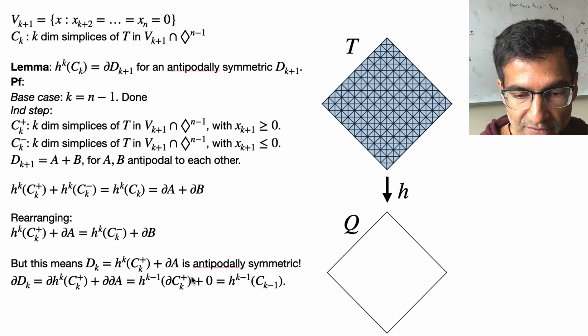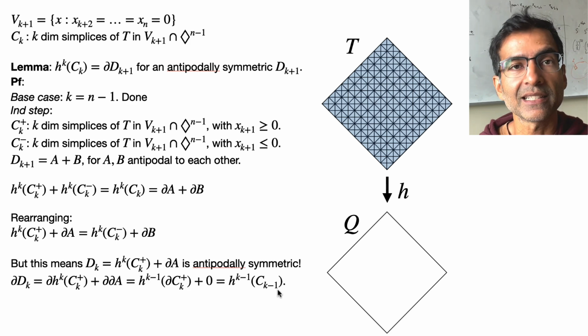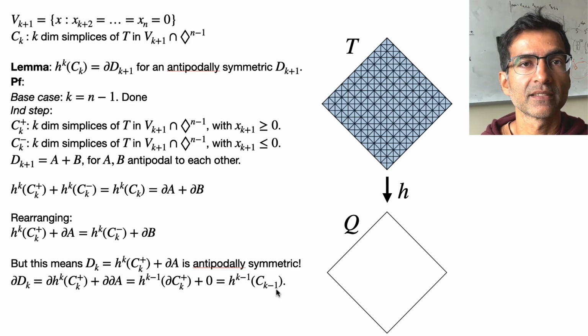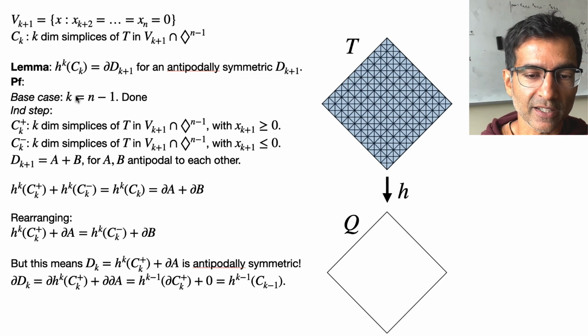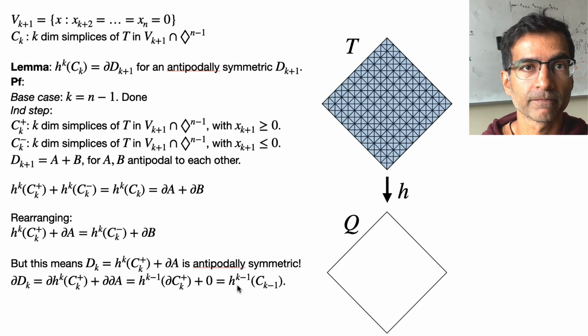Okay, so what you're left with is this quantity, but the boundary of c_k plus is exactly c_k minus. So that completes the induction. We started with the assumption that it holds for k, and we arrived at the same statement for k minus 1.